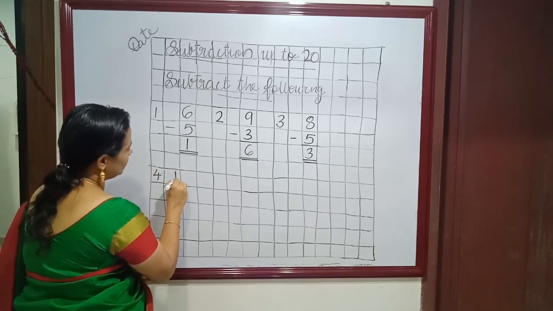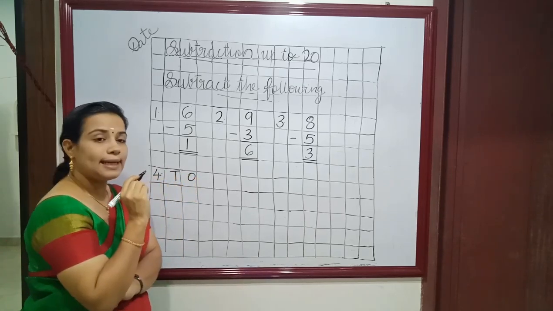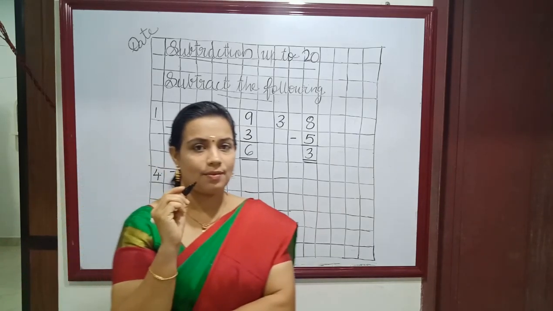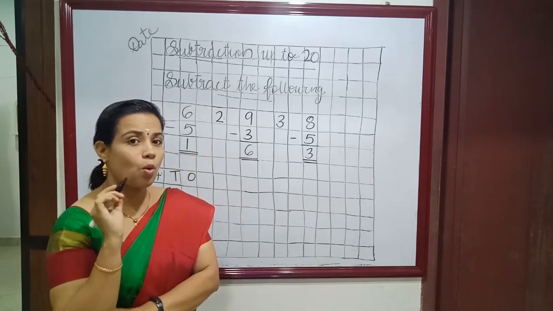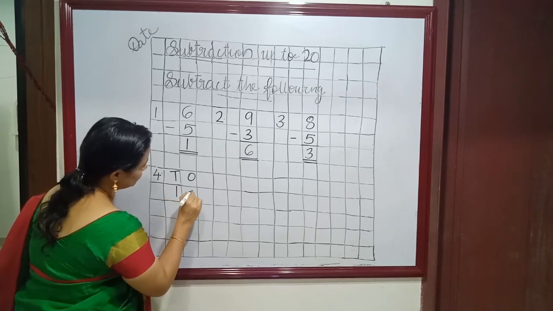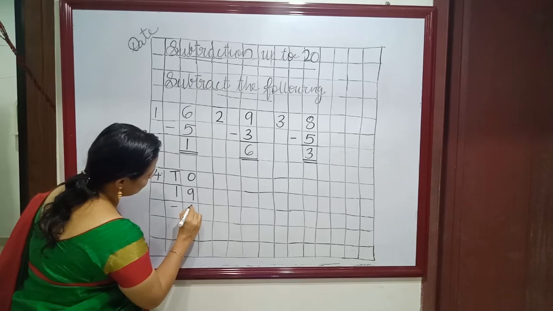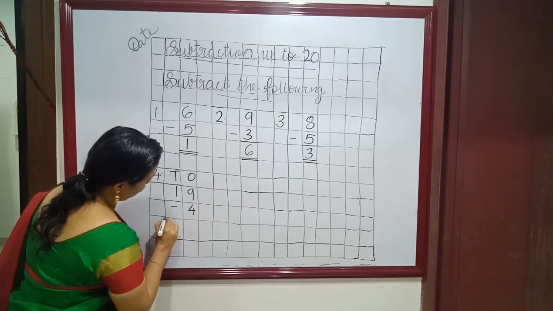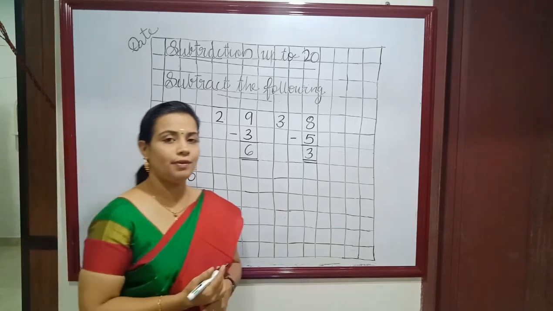Tens and ones. T for tens, O for ones. 19 minus 4. What do we do?